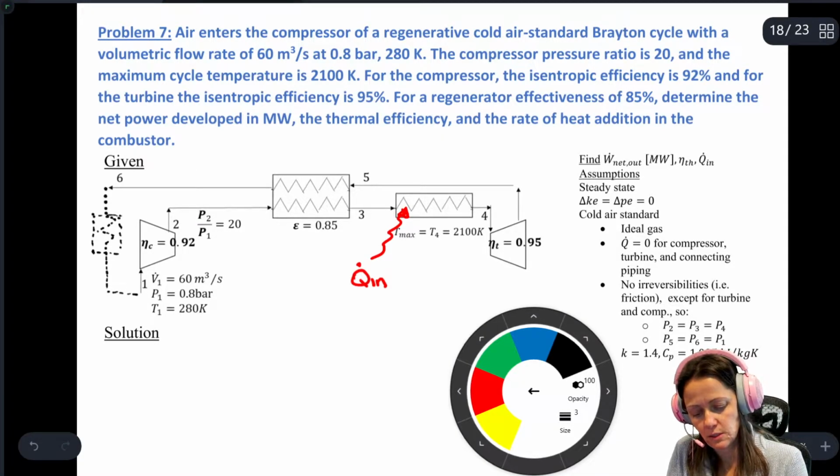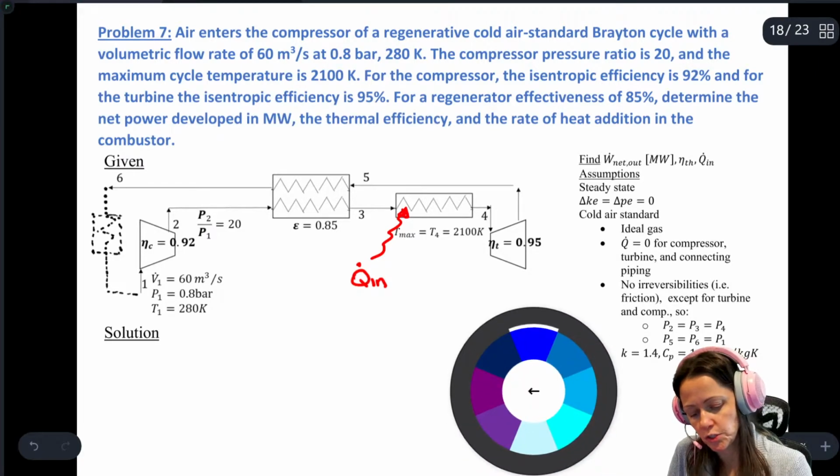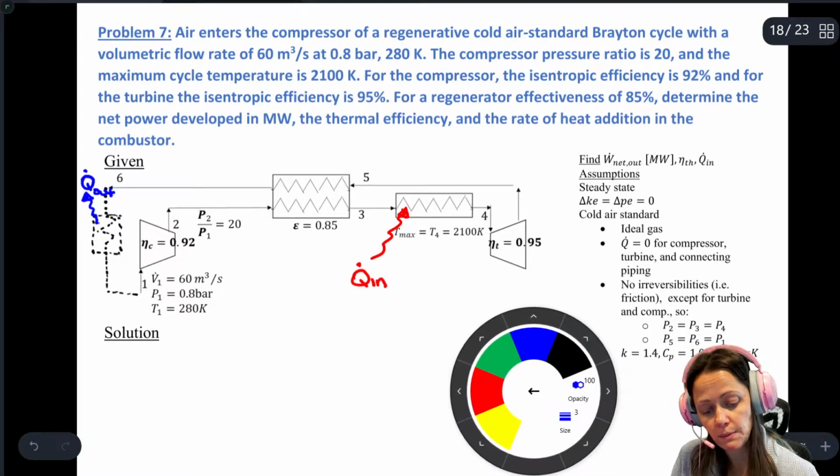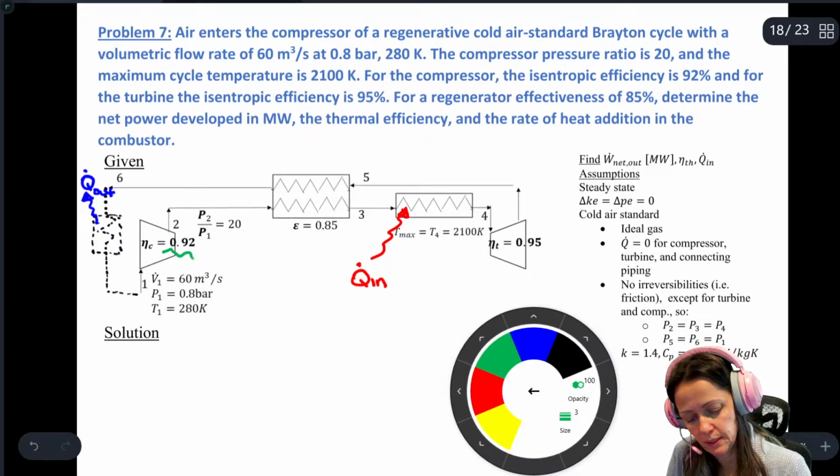So it's not a real heat exchanger, it's just how we're modeling that exhaust process. So that's our Q dot out. And while I'm at it, I might as well put this W dot in and a W dot out here. And I think that's good.